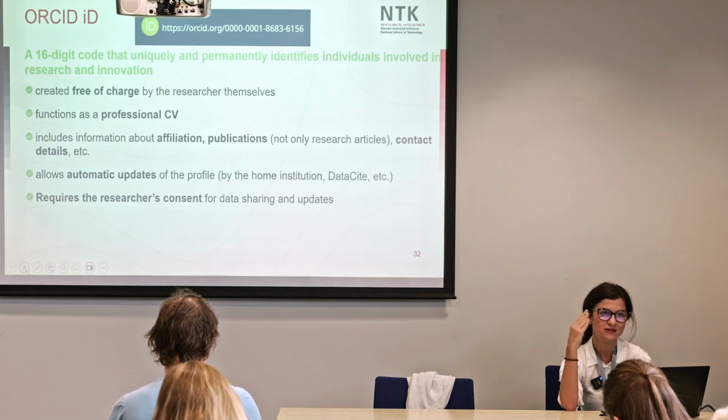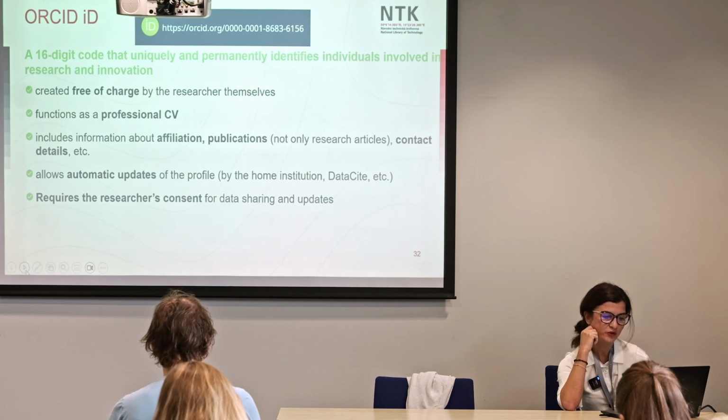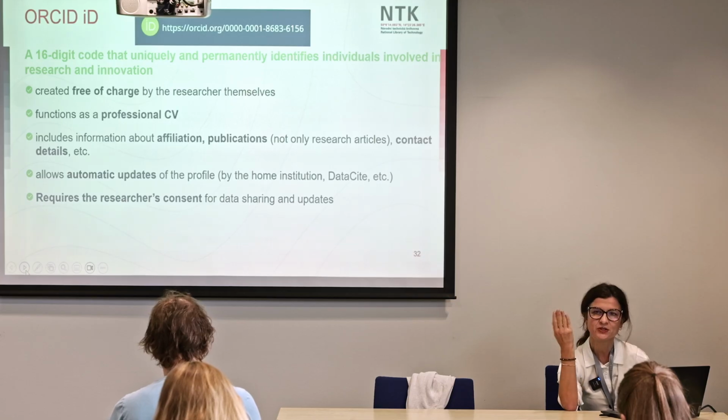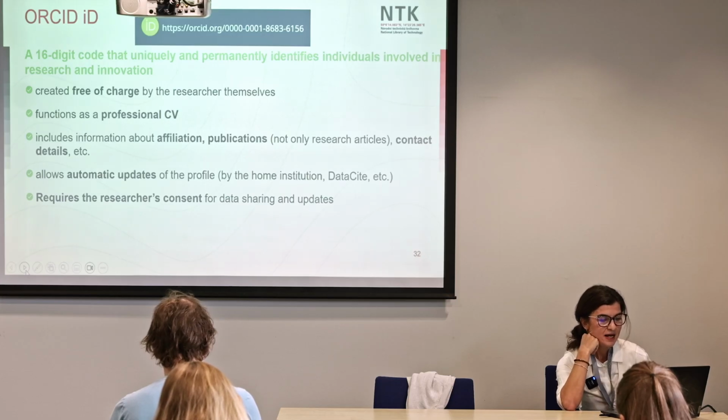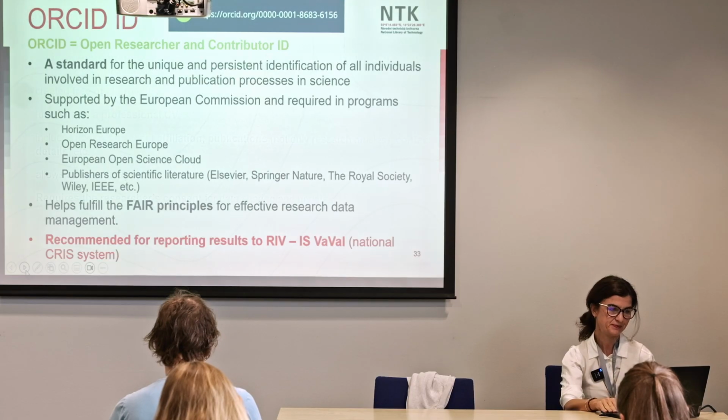You can add as much information as possible. And it even allows automatic updates of your profile if you give permission to your home institution or to some other databases and so on. And it always requires the researcher's consent for data sharing and updates.